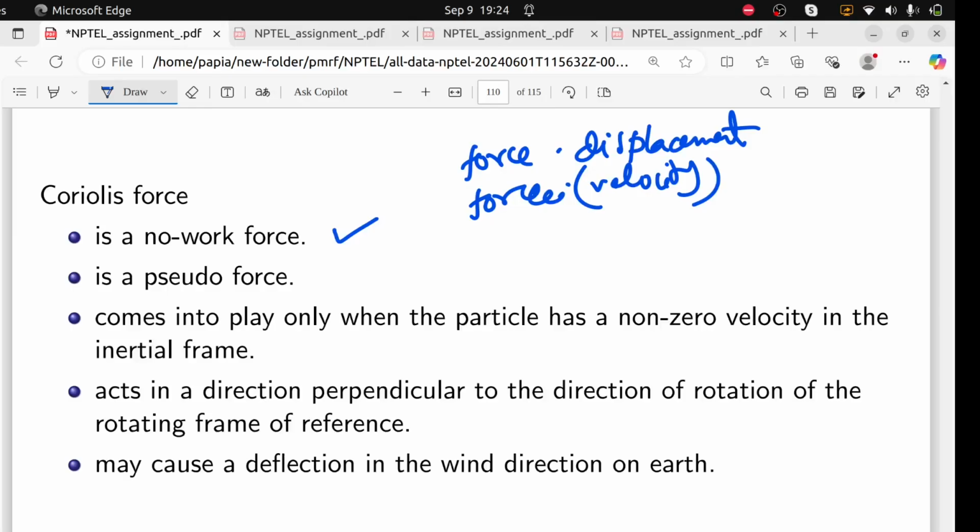And it is a pseudo force. Yes, Coriolis force is a pseudo force. Now, does it come into play when the particle has a non-zero velocity in the inertial frame? No, when the particle has a non-zero velocity in the rotating frame, then only we will have the Coriolis force.